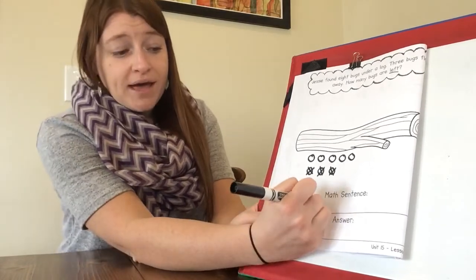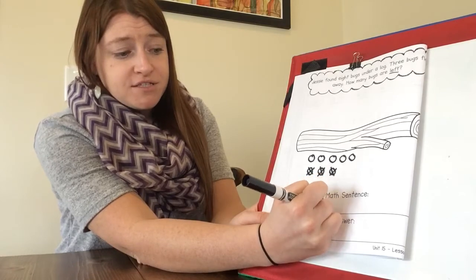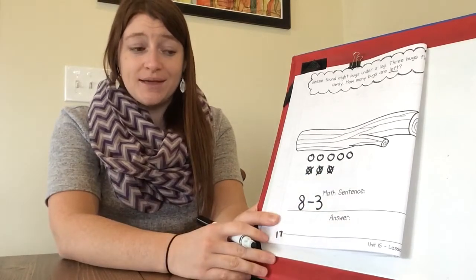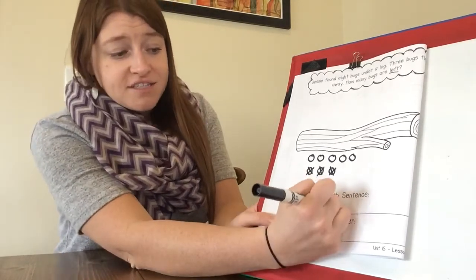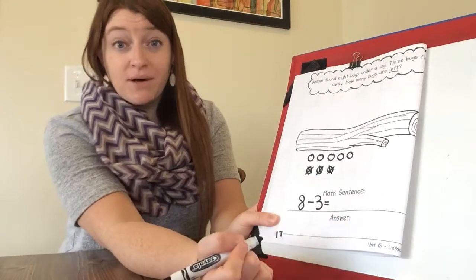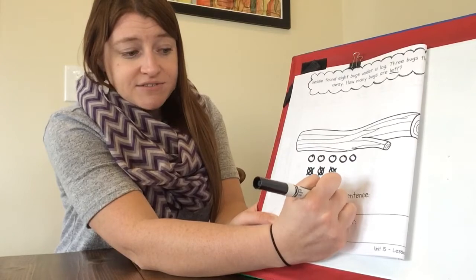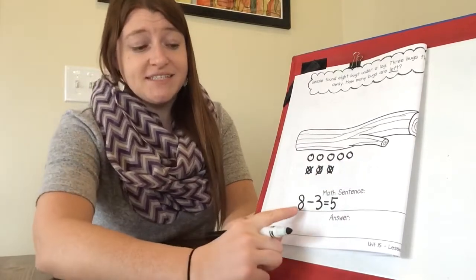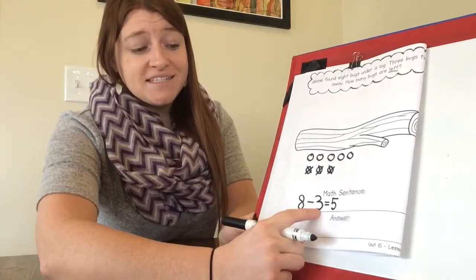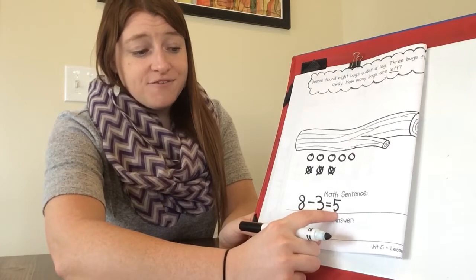We took away 3 bugs because 3 bugs flew away. And our answer, the difference, how many bugs were left? We counted 5. So now I can read my math sentence. 8 minus 3 equals 5.